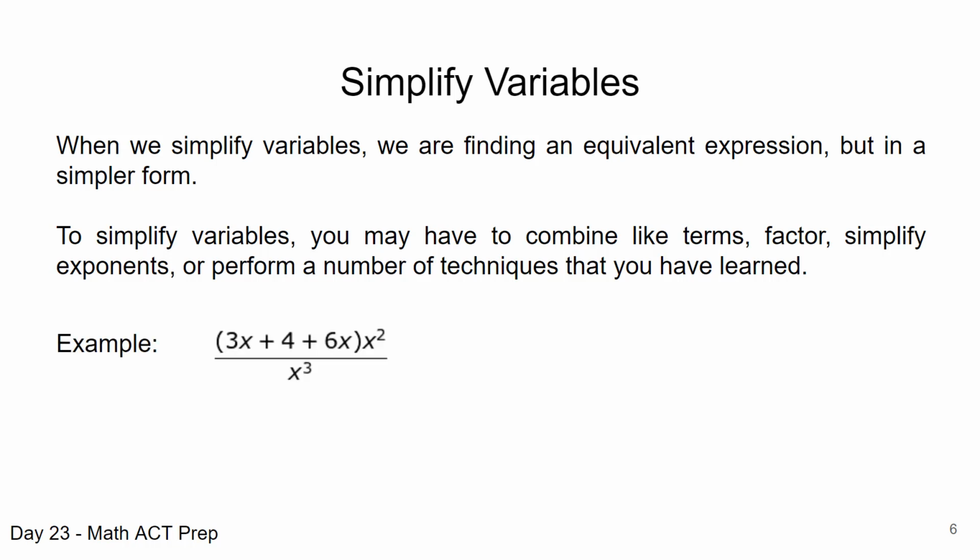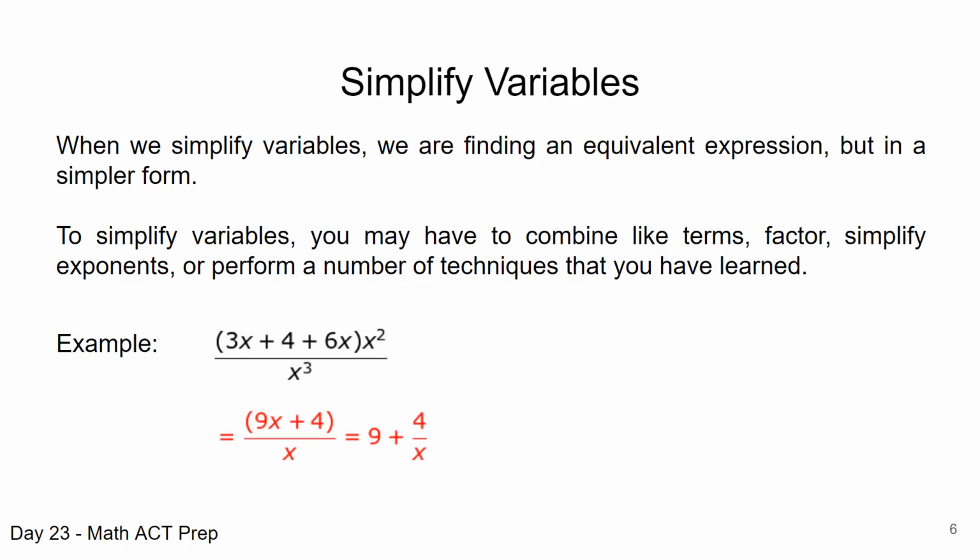If we have 3x plus 4 plus 6x, all that quantity times x squared, all of that divided by x to the third. So we have several different terms here. We have a constant value of 4, we have a variable of x, and the variable has different terms that are raised to different powers.